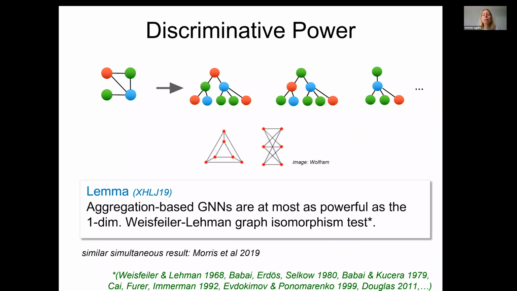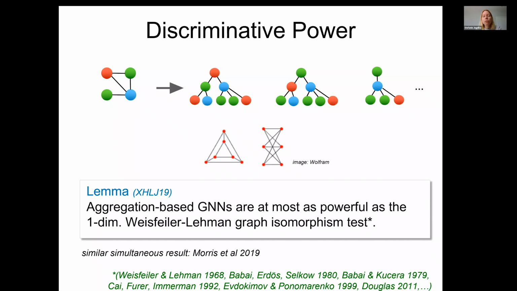So the upper bound on discriminative power is this one-dimensional Weisfeiler-Lehman graph isomorphism test, which actually operates in a very similar way to a graph neural network. That's the upper bound, and not every graph neural network achieves it. Whether you achieve it or not depends on what kinds of aggregation functions you use. But as long as your aggregation functions are injective, you're in good shape. You can basically achieve that.